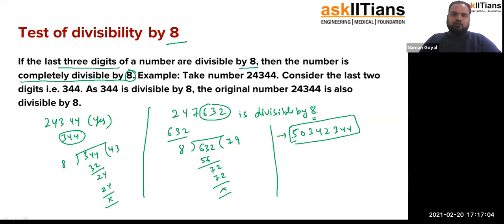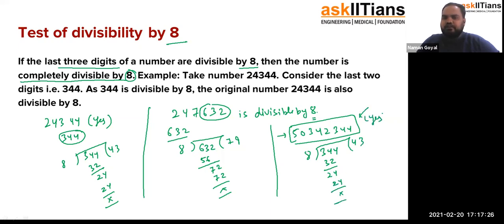For this question, the last three digits are 344. So we have to check whether this is divisible by 8 or not. 8 fours are 32, 2 into 4, 24, and 3 times, 24. Yes, it is divisible by 8. So this number is also divisible by 8. We can say that.